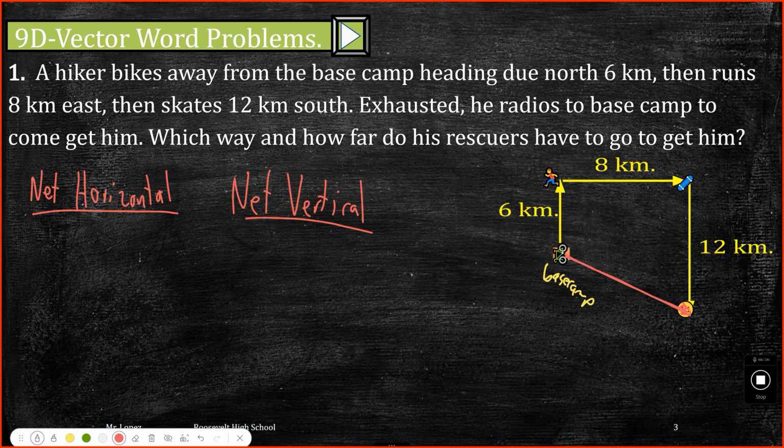In terms of the horizontal, all he did was go to the right 8 kilometers. He didn't do anything else other than go to the right from base camp. So the net horizontal will be 8 kilometers to the right, going from left to right. In the net vertical, he went 6 kilometers up, or north, but then he went 12 kilometers south.